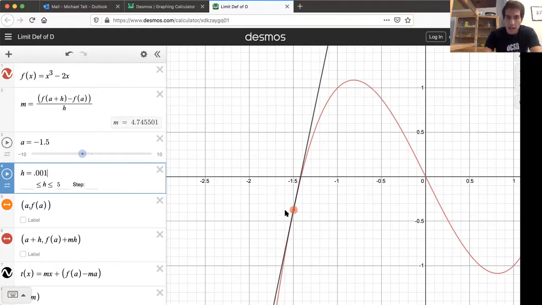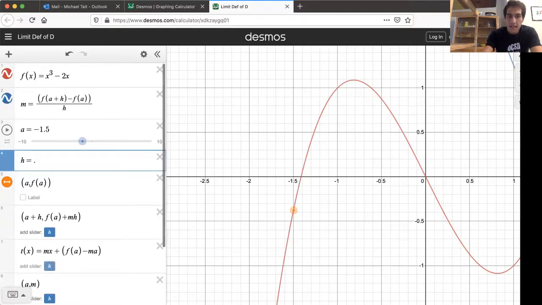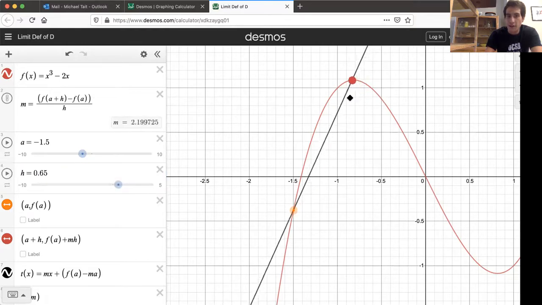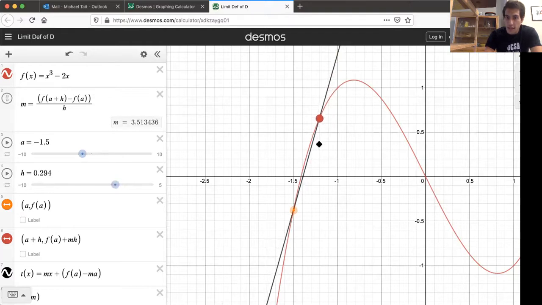So the average velocity over a time interval is the slope of this secant line, the slope between these 2 points. The instantaneous velocity is what happens when I take this interval down to 0. I bring these 2 points closer and closer together, and the slope of each secant line gives me the average velocity over that time interval.